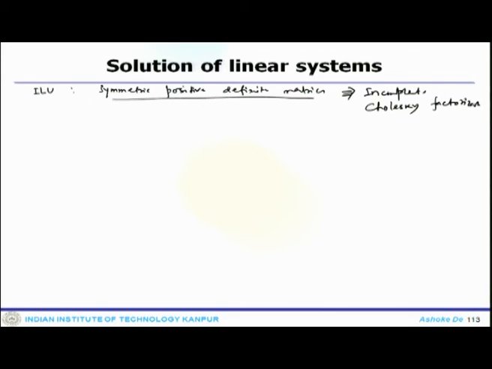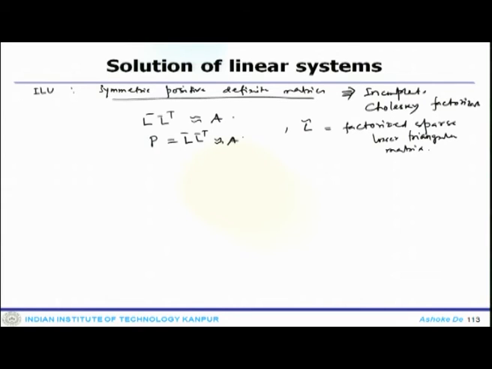In this case, the factorization is done such that L bar L bar transpose equals A, where L bar is the factorized sparse lower triangular matrix, and the preconditioner is given as P equals L bar L bar transpose, equivalent to A, where P is the preconditioning matrix.